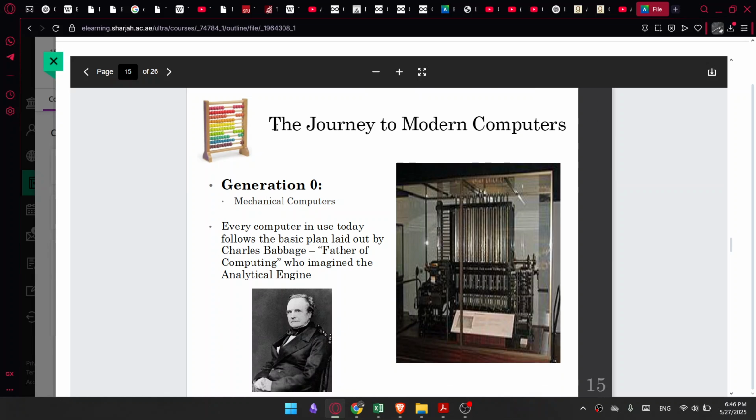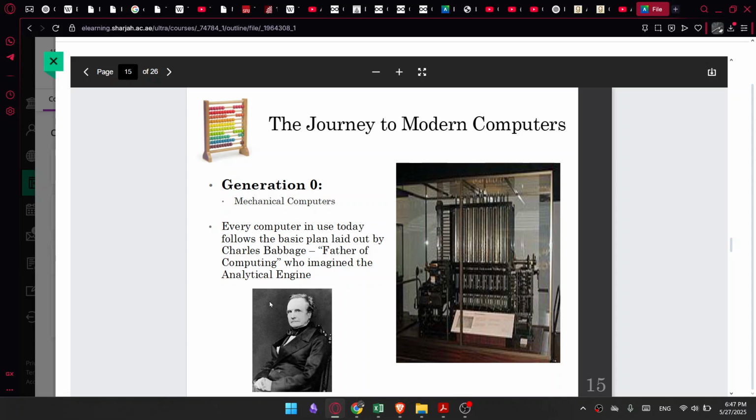Here we start the journey of modern computers: generation zero, mechanical computers. Here we have the first computers. It was made by the man recognized as the father of computing, who invented the analytical engine.